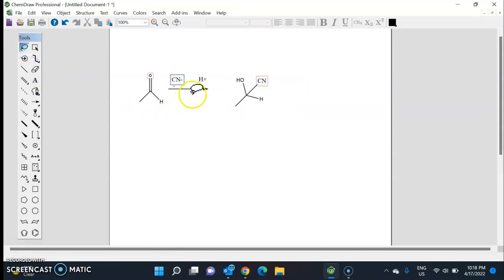So obviously this is not an oxygen-based nucleophile, but the H2O was, and that is one example of our oxygen-based nucleophiles.